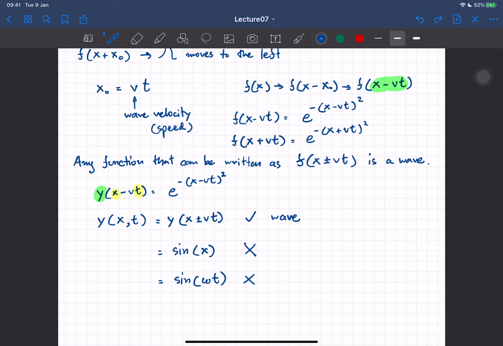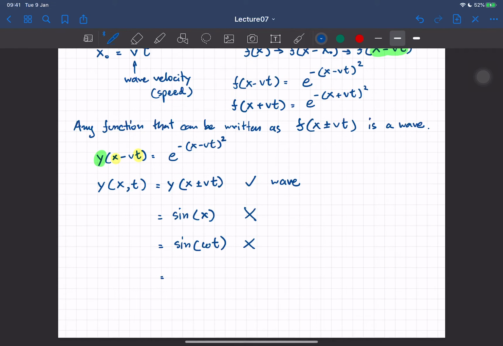But if you have something that can be written in terms of x plus or minus vt, for example, x minus vt, the whole thing squared, this is a wave because you can have x minus vt altogether like this. Sometimes it can be a little bit hard to spot. For example, I can have x squared plus vt squared. Is this a wave? It's actually not.